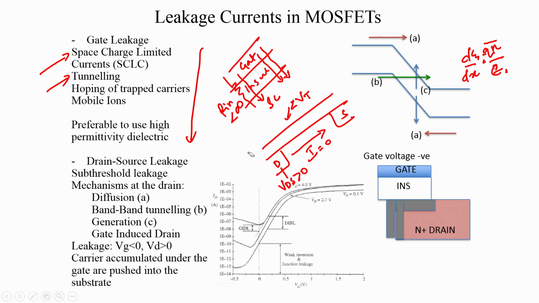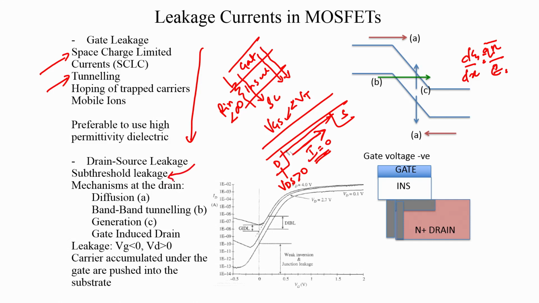But if VDS is greater than 0 and VGS is less than VT, or if you keep the VGS at a point where the MOSFET is supposed to be turned off, then we do hope that the current is 0, but that is definitely not the case, and that is because of many leakage mechanisms through the transistor between drain and source. So, what are the different leakage mechanisms? The very first, and in fact the most significant, is subthreshold leakage.